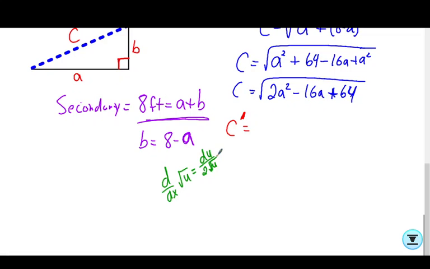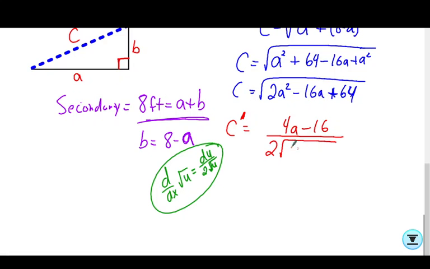I'm going to use this to take the derivative of what I have currently. So the derivative of the inside on top is 4a minus 16, over 2 square root of 2a squared minus 16a plus 64.